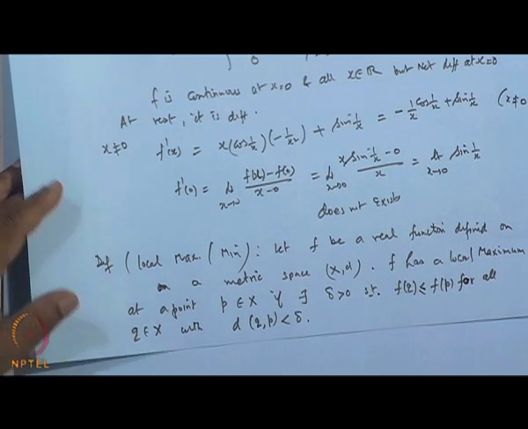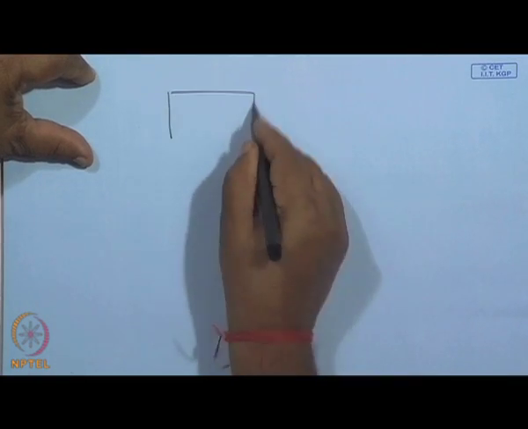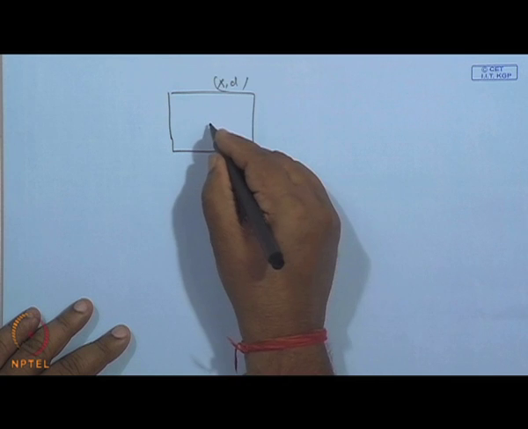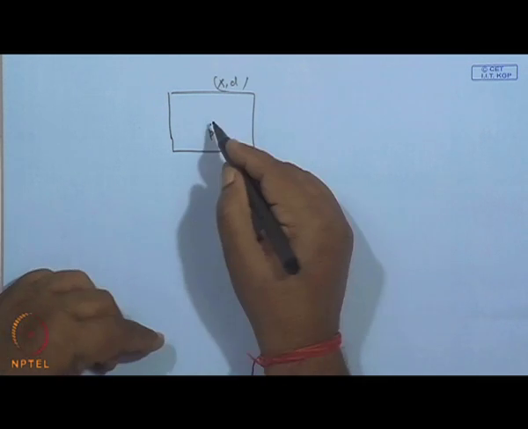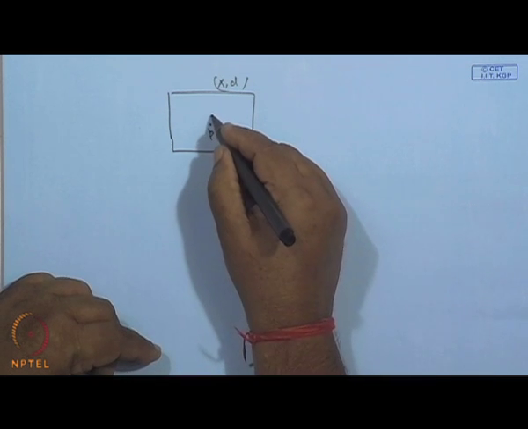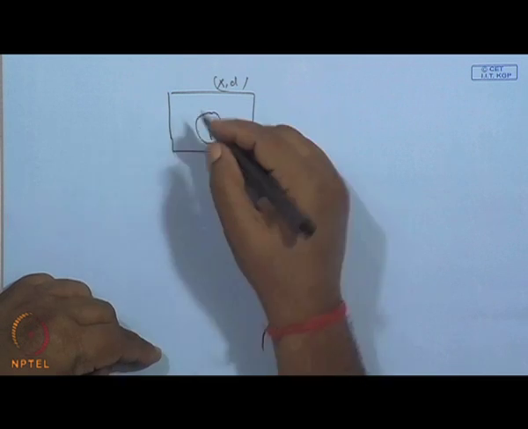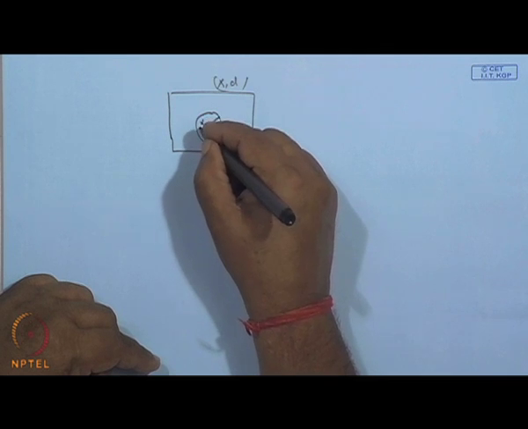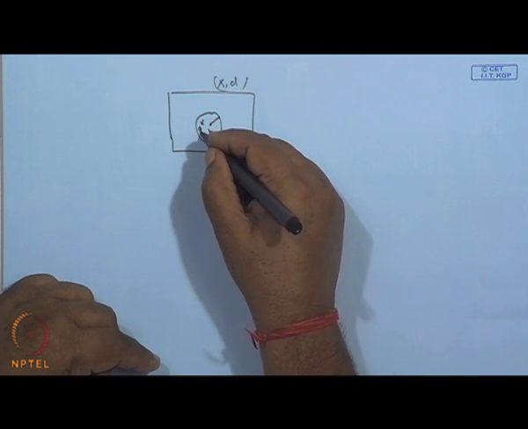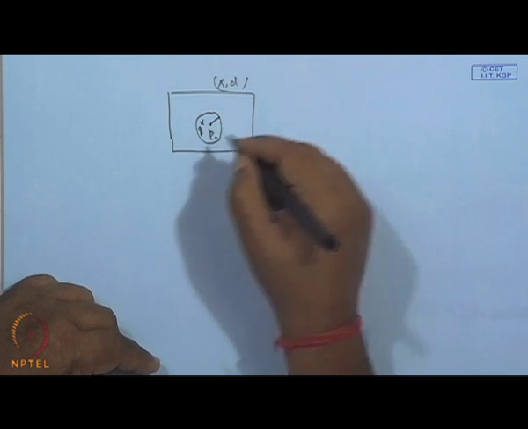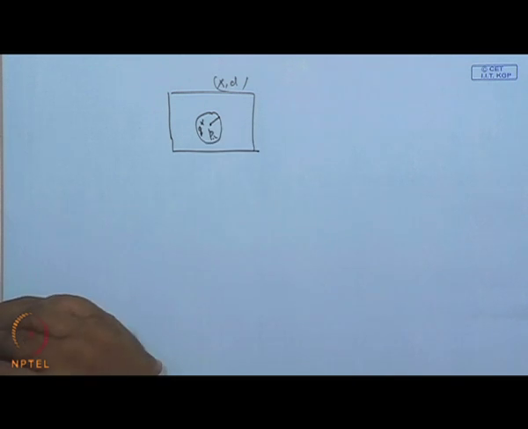What does this mean? Suppose this is our (X, d), a metric space, and p is a point. We say the function attains a local maximum at this point if there exists some positive number delta and a neighborhood around the point p, such that if we pick any arbitrary point q here, then the value of the function at this point q remains less than or equal to the value at p. Then we say the function attains the local maximum at this point.